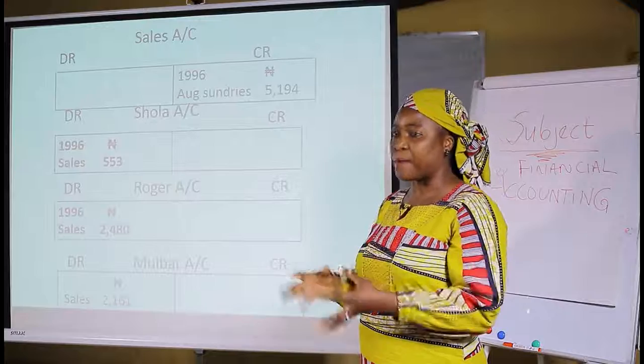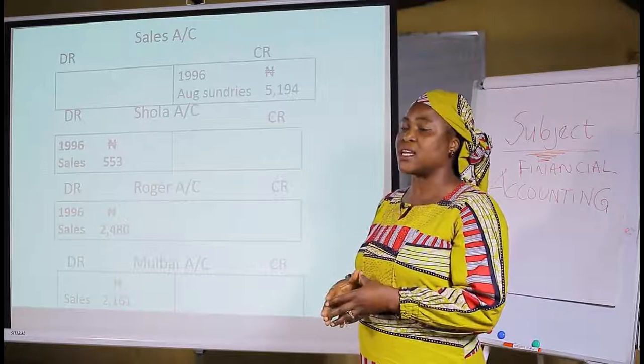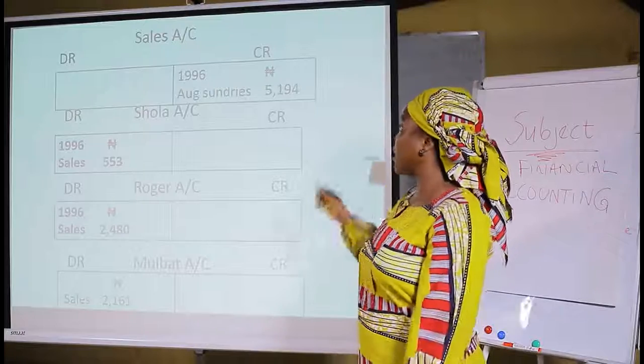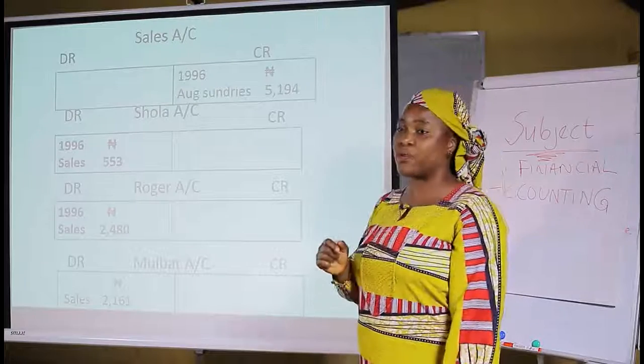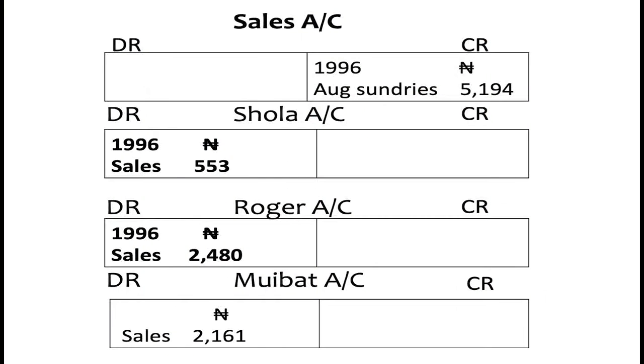I said whatever purchases or sales that you made, at the end of the day, the total sales will be credited to the sales account. And our total sales is 5,194 naira, which is our sundry. And you can see that it has been credited to the credit side of the account. The sales account is collecting 5,194 naira.